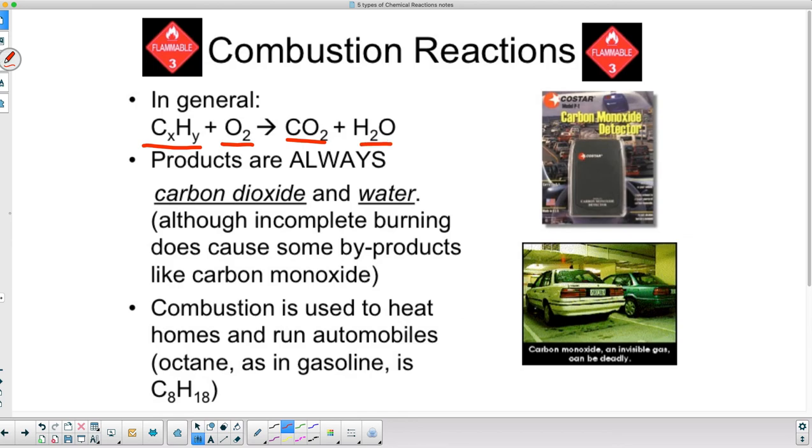Whatever the example is, it's going to have CH like this plus O2, CO2 plus H2O. Always, always in products, CO2 and H2O, and it's always going to be plus oxygen. Those three things are going to be the same every time for combustion reactions.